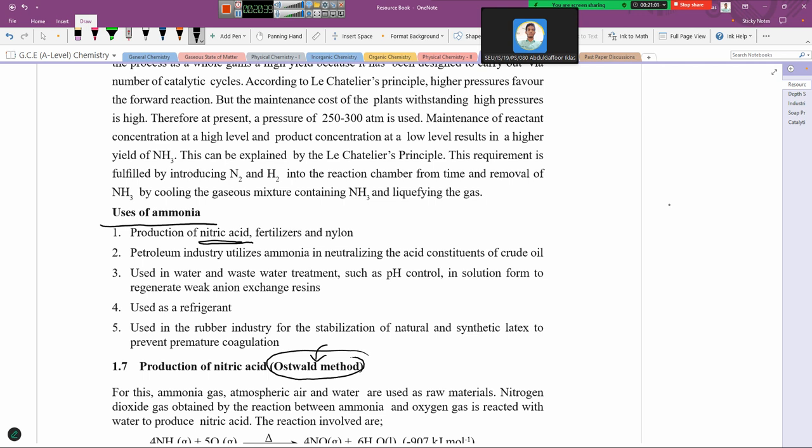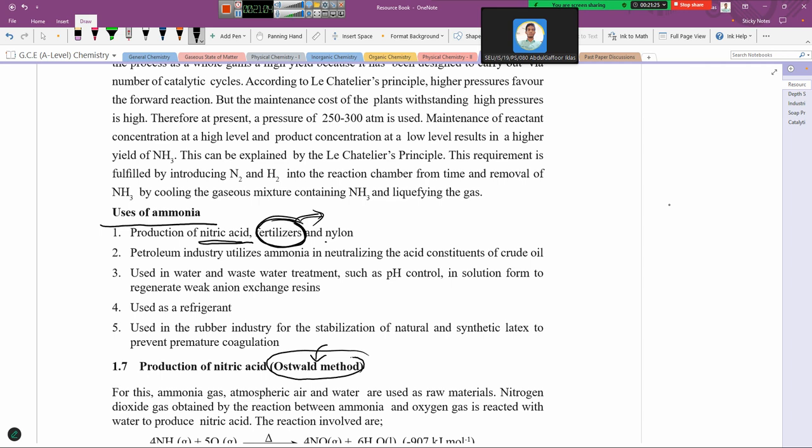We will get ammonia from the Haber process, and it will be used for the production of fertilizer. In addition to that, it will be used for the production of nitric acid also. Fertilizer is the main usage, so whenever you hear the word ammonia, fertilizer should come into your mind. That is the main usage.